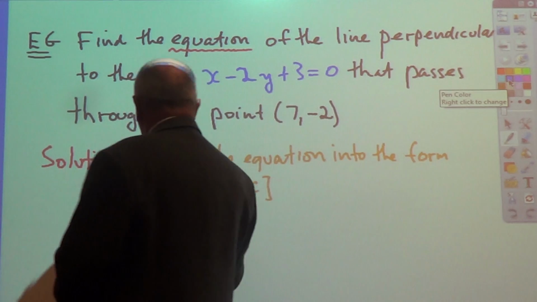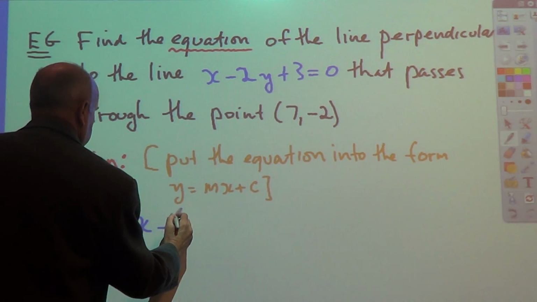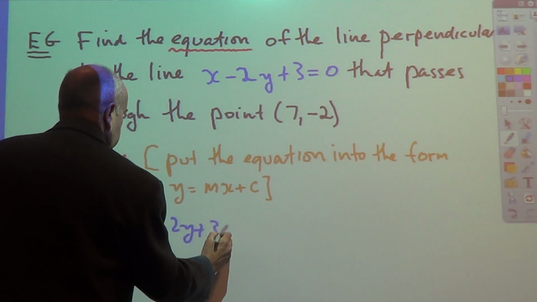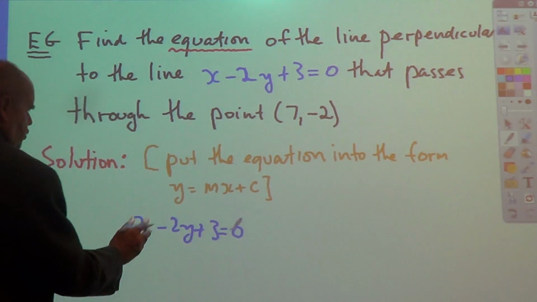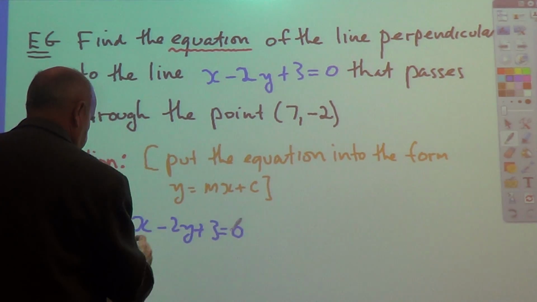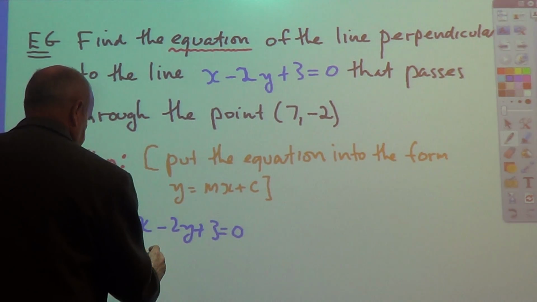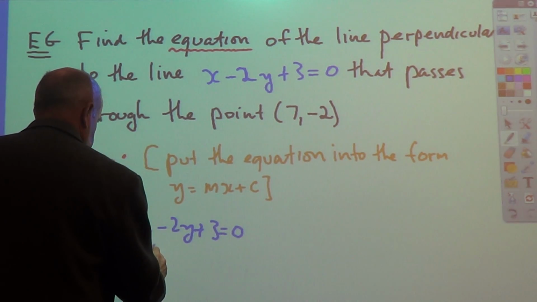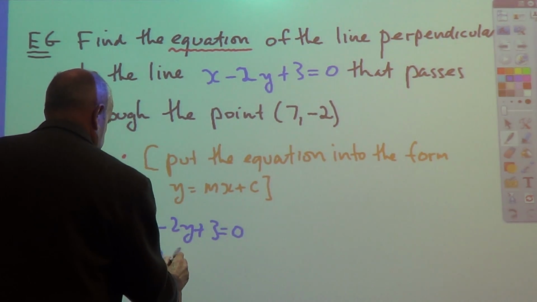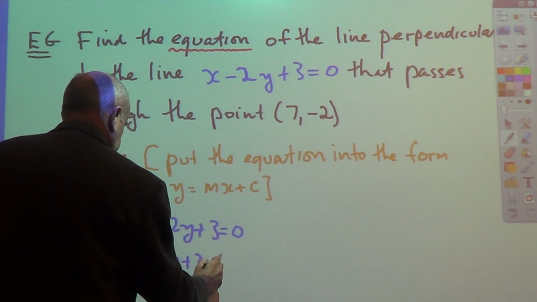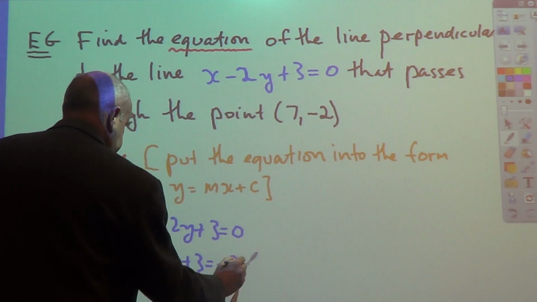So this is the original line, x minus 2y plus 3 equals 0. Our job here is to put it into that form, so making y the subject of the equation. A good first step would be to subtract x from both sides, so therefore negative 2y plus 3 equals negative x.